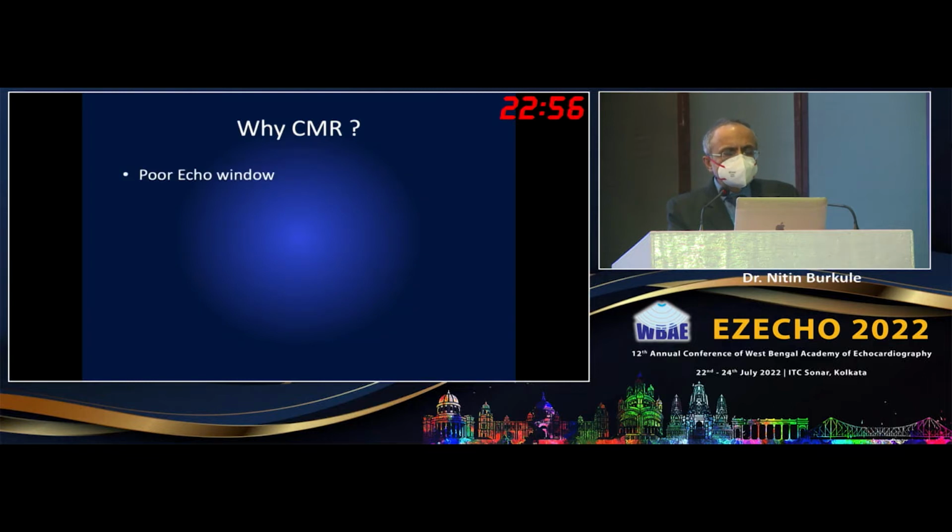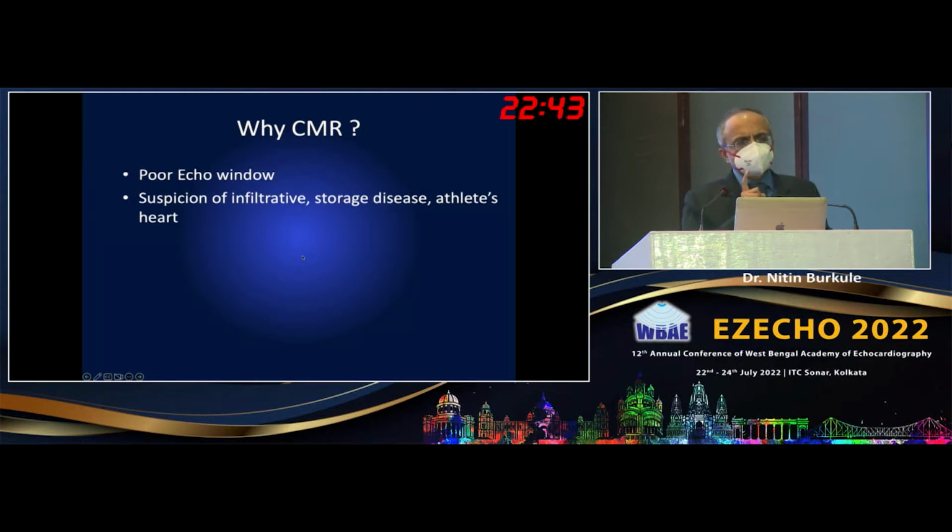Many of these patients, if the echo window is poor, you can easily miss this focal thickness of the myocardium, which an MRI can give you very well. Then if you have any suspicion of infiltrative disease, storage disease or athlete's heart, MRI can come in handy.